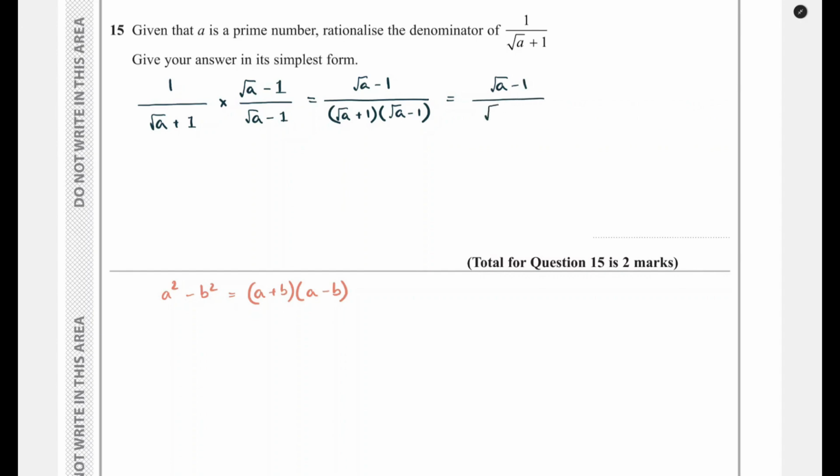It'll be root A squared minus 1 squared. That equals root A minus 1 over root A multiplied by root A is just A, and minus 1 squared is just 1. And that is our answer in its simplest form. Root A minus 1 over A minus 1.